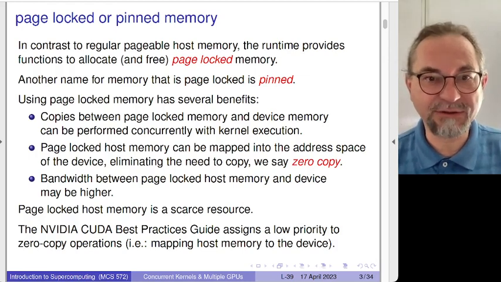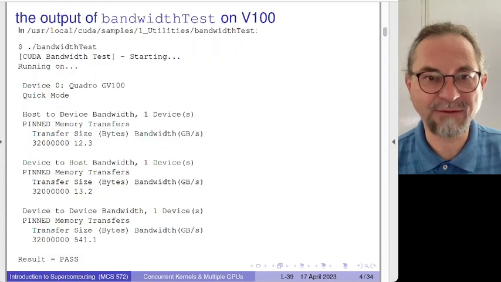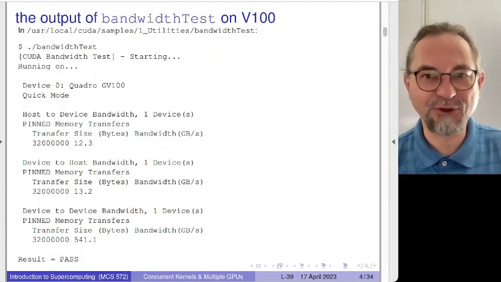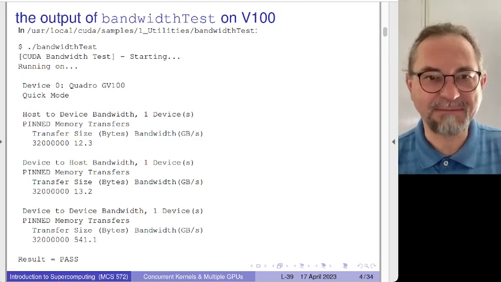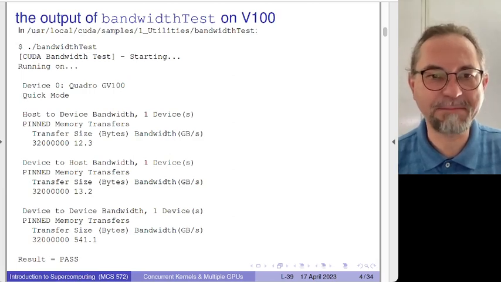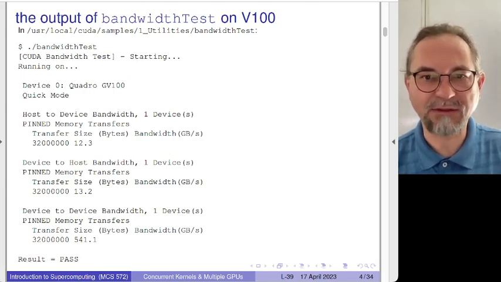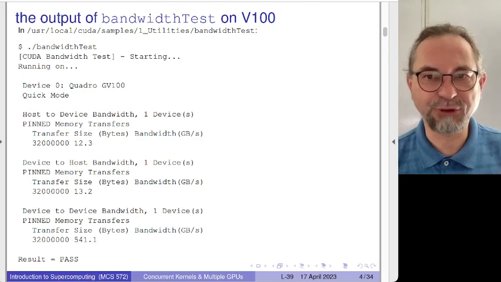There is the other benefit, the increased bandwidth, and this is what you observe here when you do a bandwidth test. You see that the bandwidth tests happened with pinned memory transfers, so between memory that was page-locked.